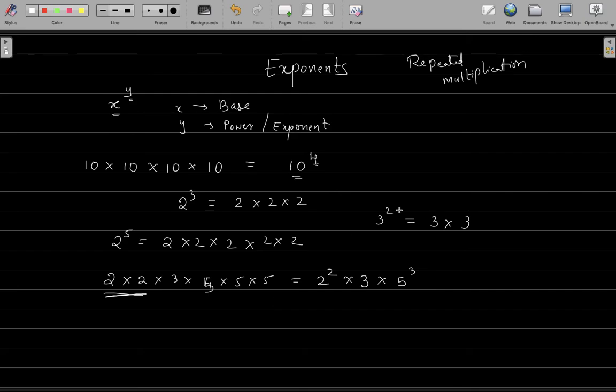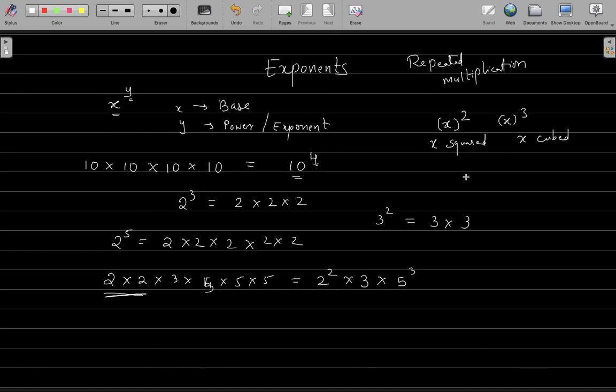Whenever in mathematics we come across any number, say x raised to the power 2 or x raised to the power 3, we usually come across this power 2 and power 3. So we have a name for it: x power 2 is also read as x squared, and x power 3 is called x cubed.